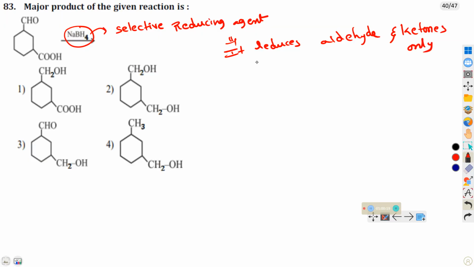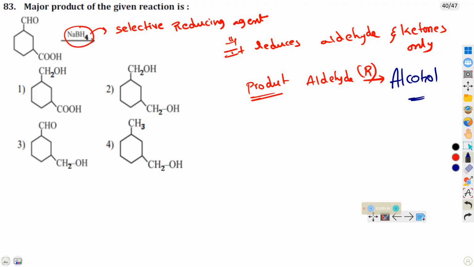What is the product? Aldehyde undergoes reduction, then it gives alcohol. Remaining functional groups are unaffected by NaBH4. So based on that, first option is correct.